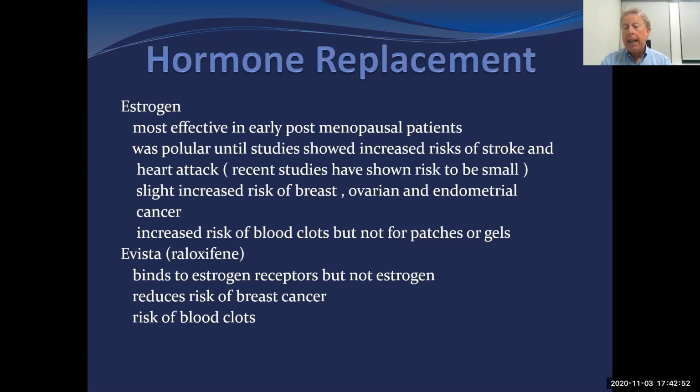The classic one was Premarin that everybody was on, and the studies pretty much put the companies out of business making Premarin. But actually, in revisiting some of those studies, the incidence of increased strokes and heart attacks is actually lower than originally found.